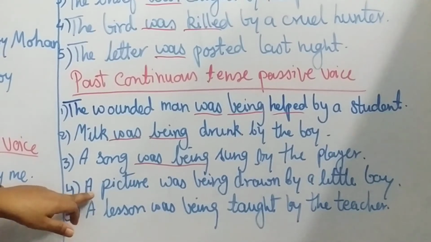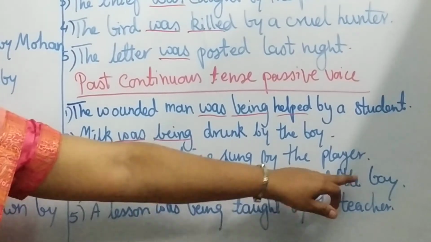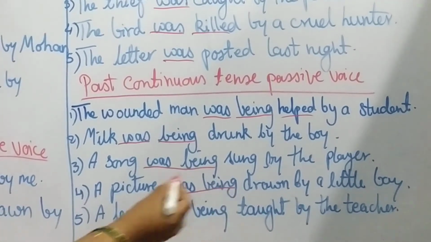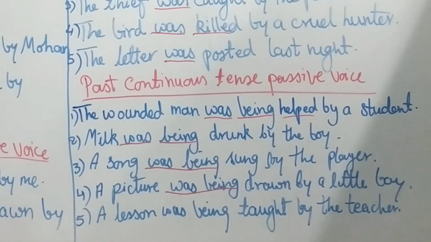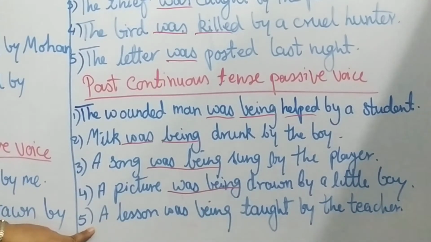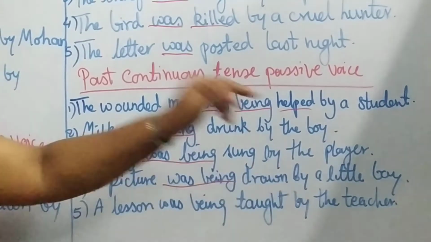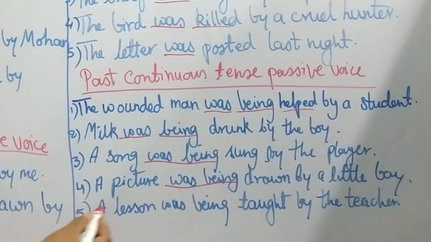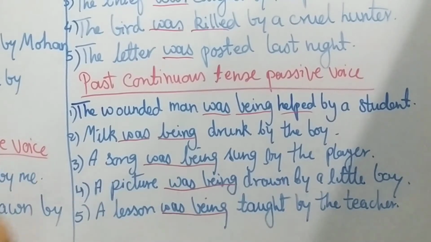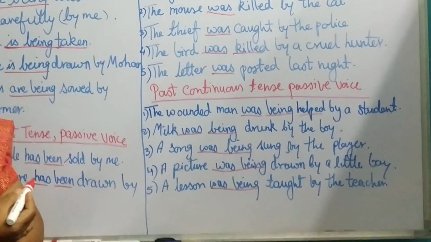Next sentence, a picture was being drawn by a little boy. Okay, so here we have was being your helping verb and drawn the past participle of the verb to draw. And last sentence we have a lesson was being taught by the teacher. So here was being helping verb and taught is the past participle of the verb to teach.